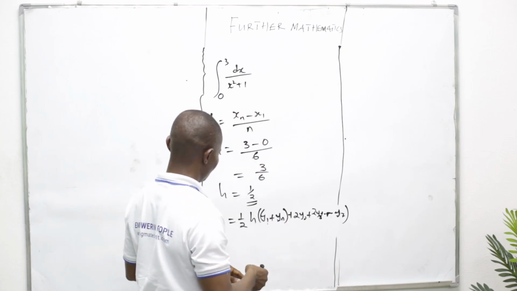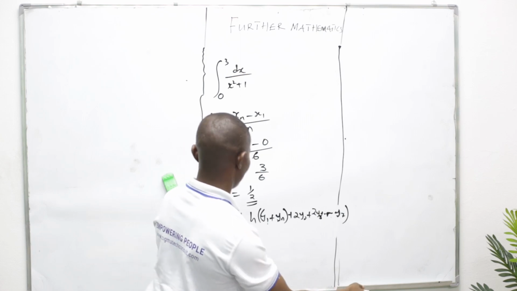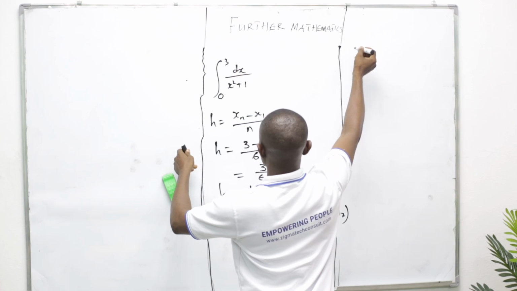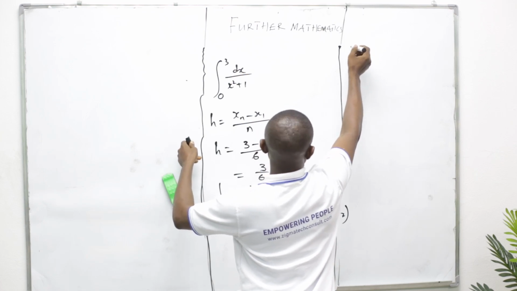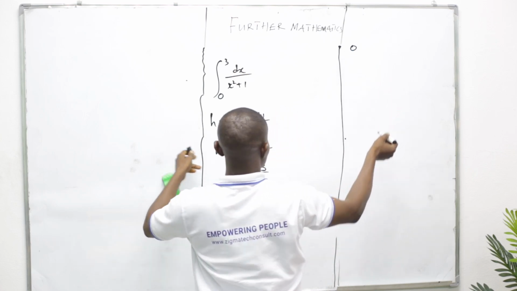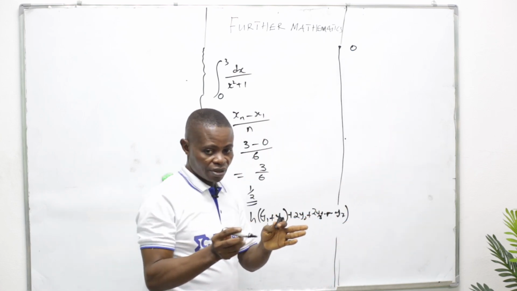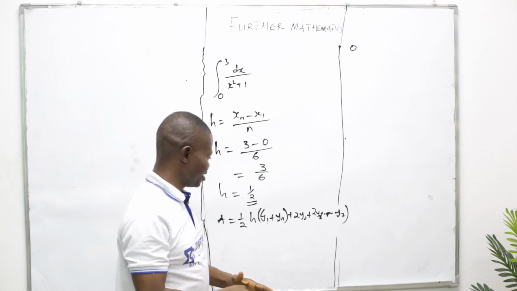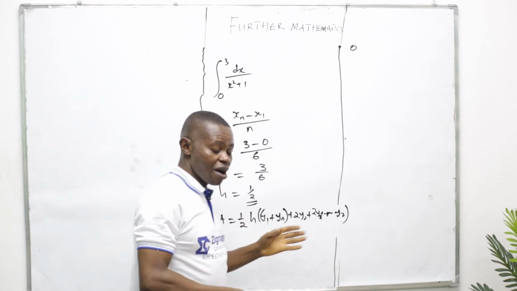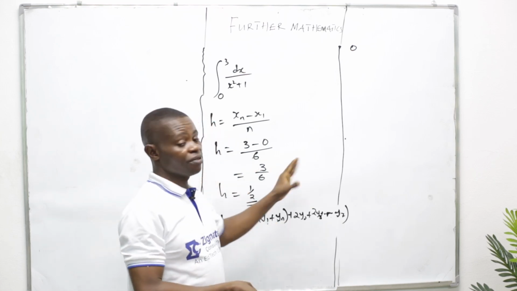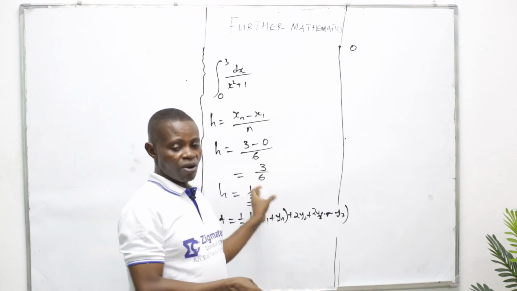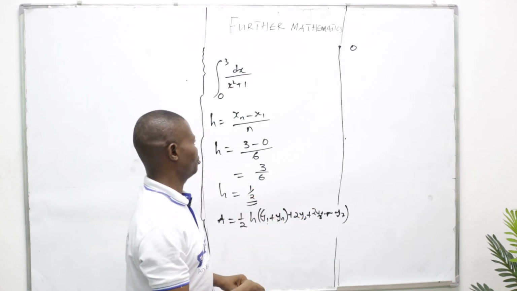Now we have this. If the first value is 0, I want to generate the ordinates. So you see how you can generate. h is 1 over 2. But rest assured that WAEC will give you the ordinate. In case they refuse to give it to you, I want to generate them now.